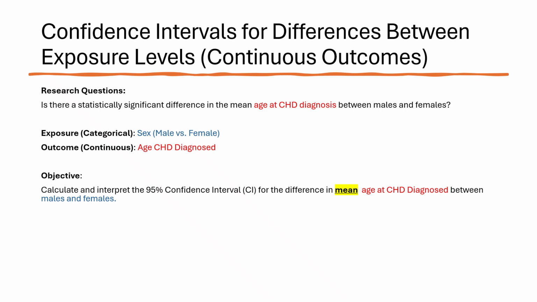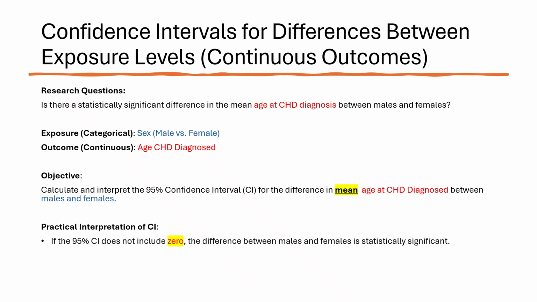So our objective is to calculate and interpret the 95% confidence interval for the difference in mean age at chronic heart disease diagnosis between males and females. If the 95% confidence interval does not include zero, the difference between males and females is statistically significant. But if it does include zero, we will conclude that there is no significant difference.